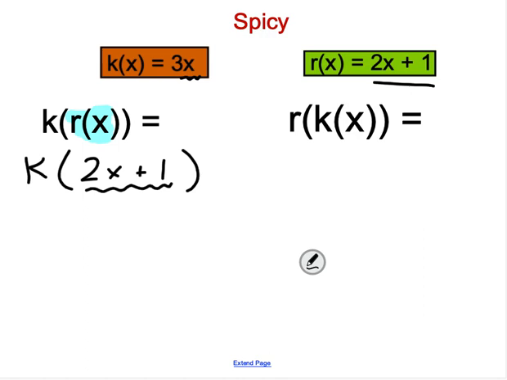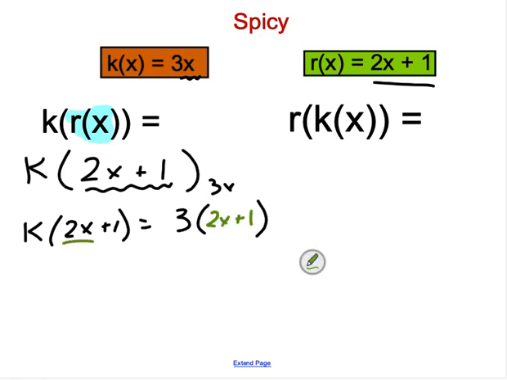So we've got to do K of 2x plus 1. You use what K of x is, 3 times x. Every time we see that x there, it gets replaced with this 2x plus 1. And then what we can do is simplify it just a little bit by doing the distributive property and get 6x plus 3.